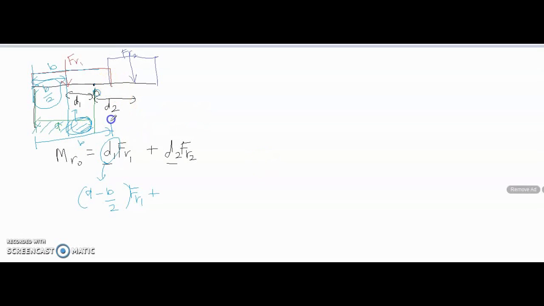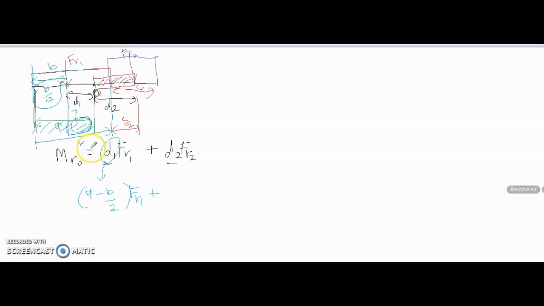So from this point to the point where the FR2 is located, previously we take a half of C, because the whole here is C, and because it acts on the center of the distributed load, it is a half of C. FR2 acts on the half of C. So to get from point O this portion here, how will you find it?